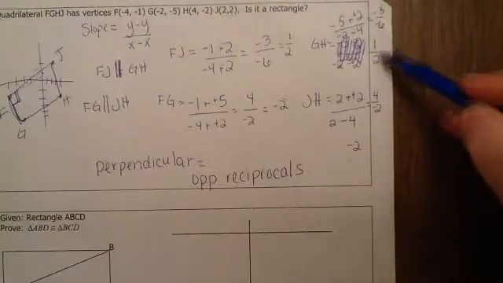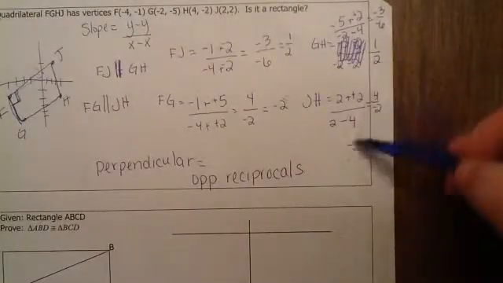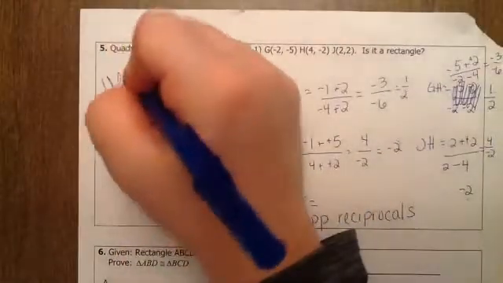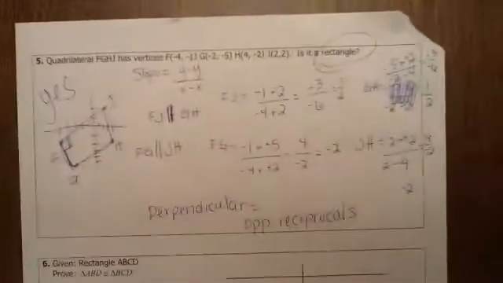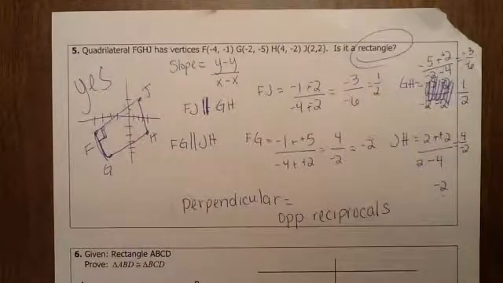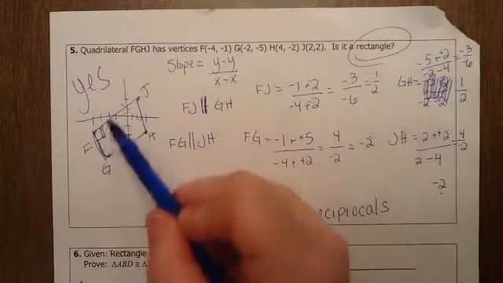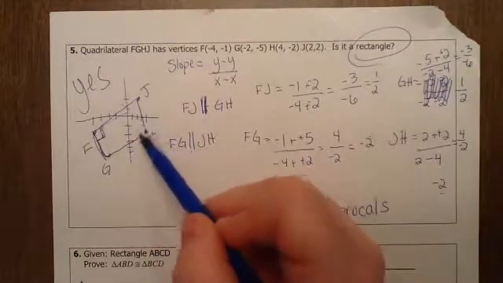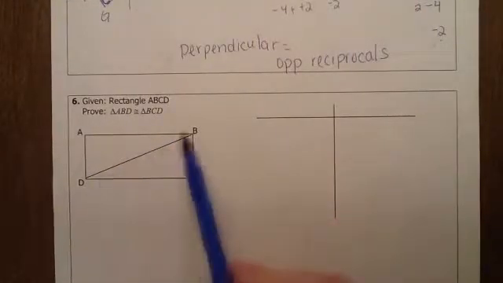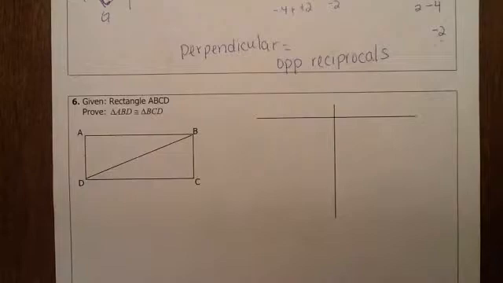Yes. And are these opposite reciprocals? Yes. So this, in fact, is a rectangle. So not only do you have to prove opposite sides are parallel, but these ones here are perpendicular. Last one, you can use properties of a rectangle and the reflexive property to write your proof. Nice job today, mathematicians.